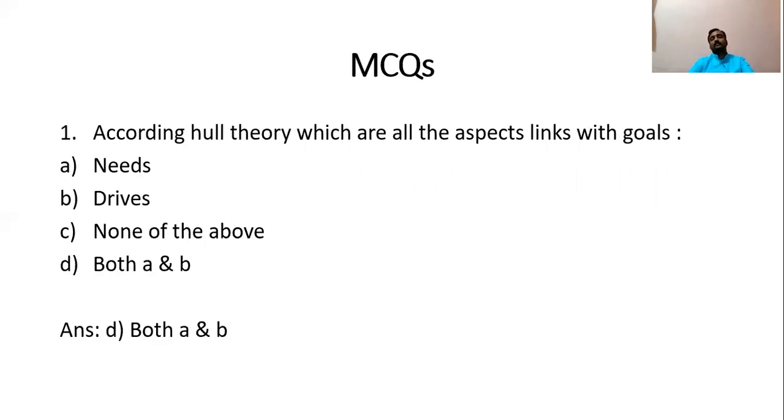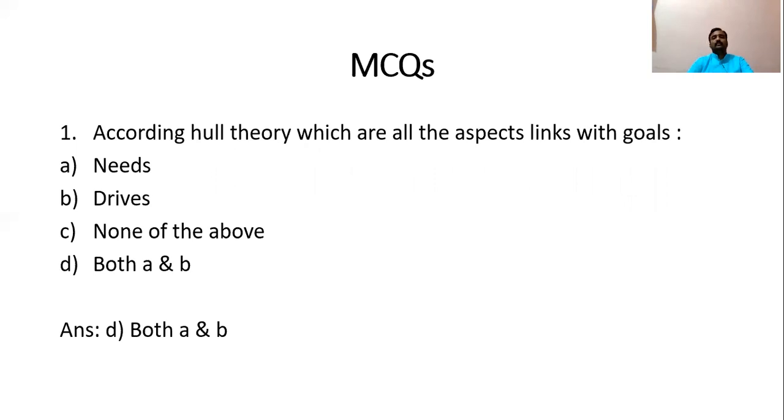So by analyzing this, I have given some five MCQs where this model, Hull's drive reduction theory, can be understood in a better way. According to Hull's theory, which are the three aspects linked with goals?